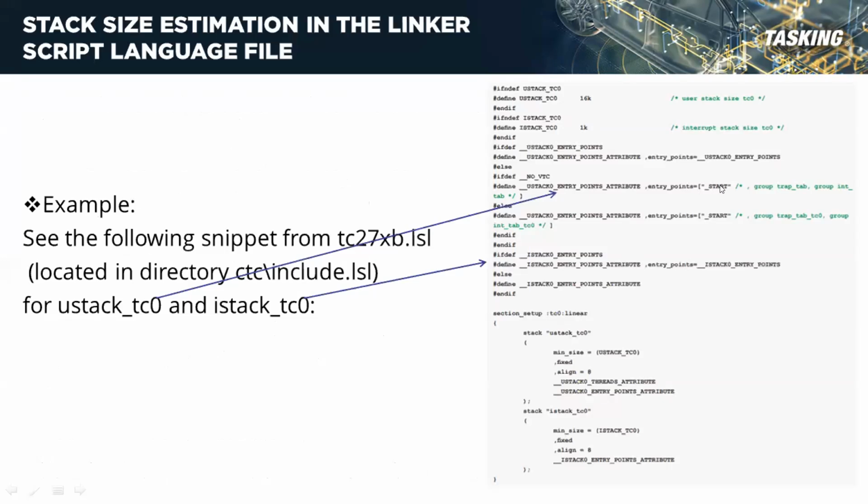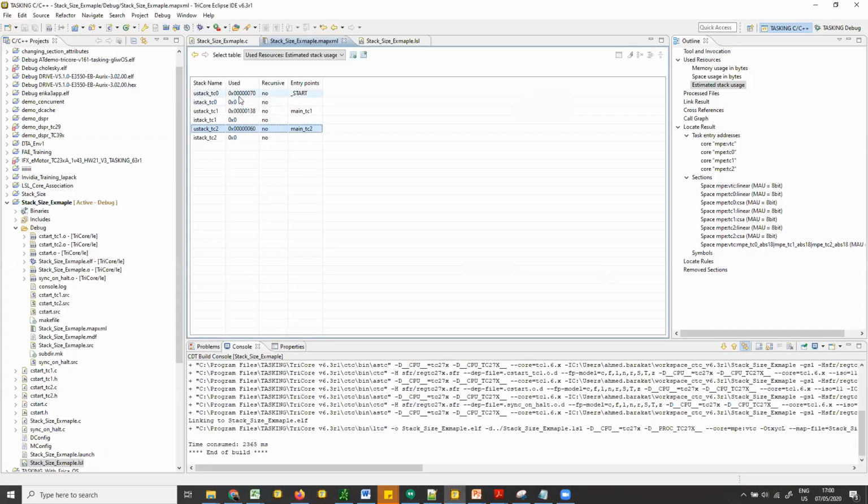As long as you didn't specify any entry points, the _start will be taken as the default value. That's why if you go back to the environment, you will find here for core number 0, because I didn't set any value for the entry point, the linker considers this _start as the entry point for the measurement.